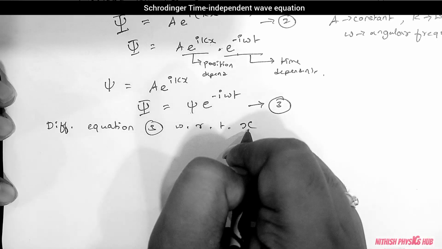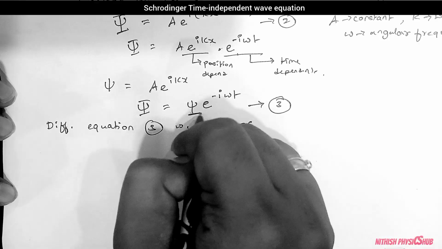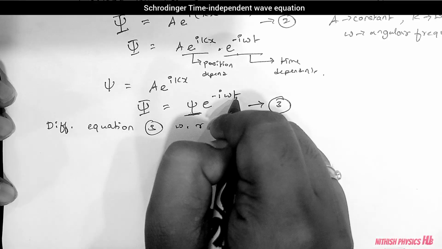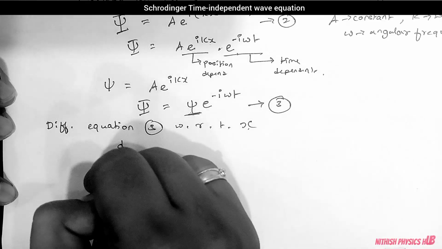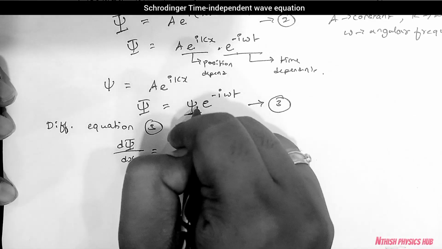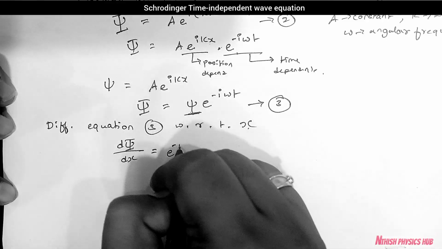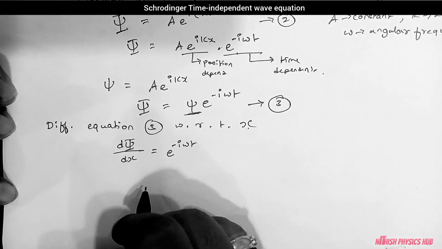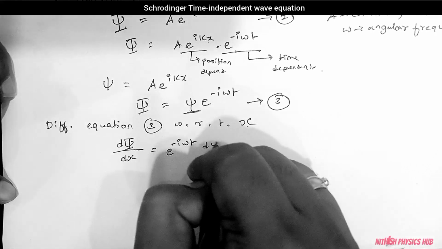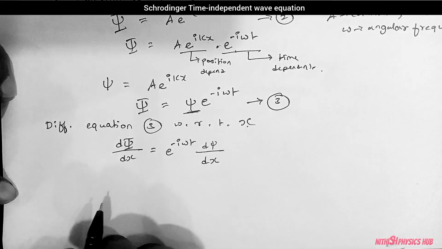Now with respect to x I am differentiating, so I will be only differentiating the x term which has psi, and the time dependent part will be acting like a constant. So d psi divided by dx is equal to e to the power of minus i omega t, which will be a constant because there is no term of x here, times d psi divided by dx.